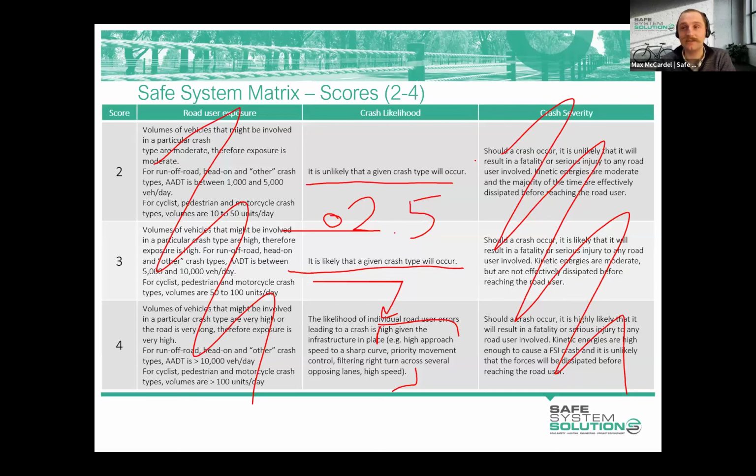It just hasn't eventuated. So you can step back a bit away from the data and just focus on what that road environment looks like, what the infrastructure is providing, and the likelihood of an event occurring, not relying on past crash history. Good question.